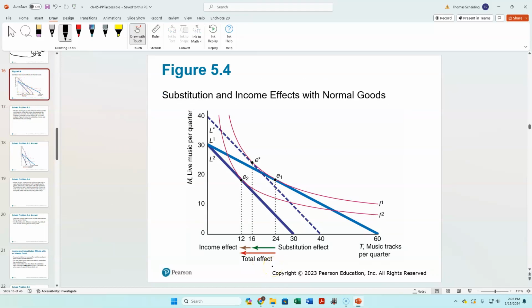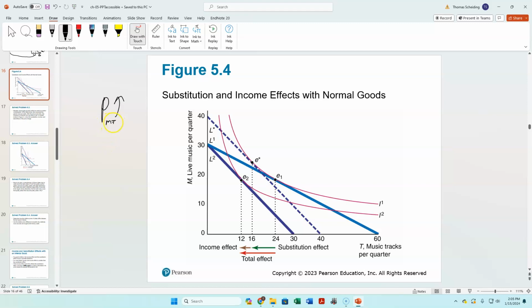So when it's a normal good, not entirely sure why they. Okay, well, let's go with what they got here. So in this graph here, they're saying that music is going up in price.